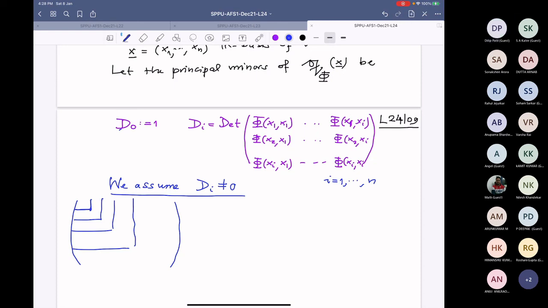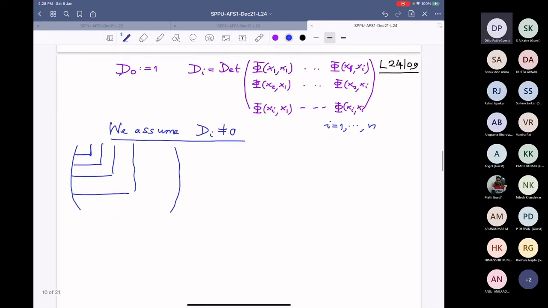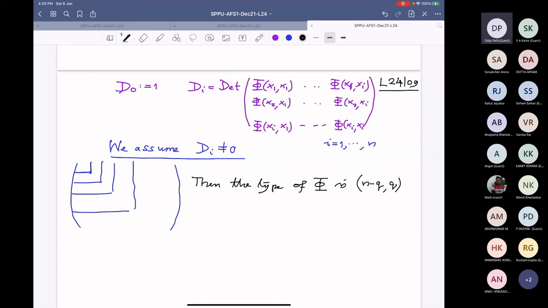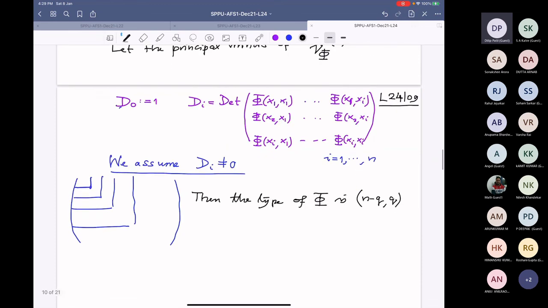Then, this is a very important connection with the theory of equations, the type of phi is the pair (n minus q, q). See, remember the assumption is Dn is non-zero, that means it is the non-degenerate case. And the type is this, where q is the number of sign changes in the sequence D0, D1, D2 up to Dn.